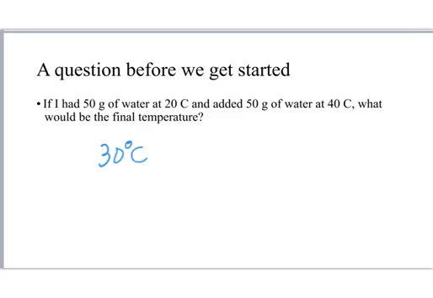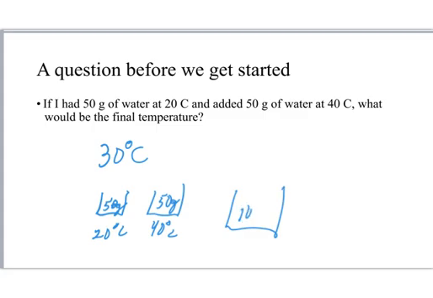I have equal amounts of water coming together. I have my cold water, 50 grams at 20 degrees Celsius, and I mix that with another 50 grams of water at 40 degrees Celsius. When I mix those two together, I'm going to get 100 grams, and it should be at 30 degrees Celsius.